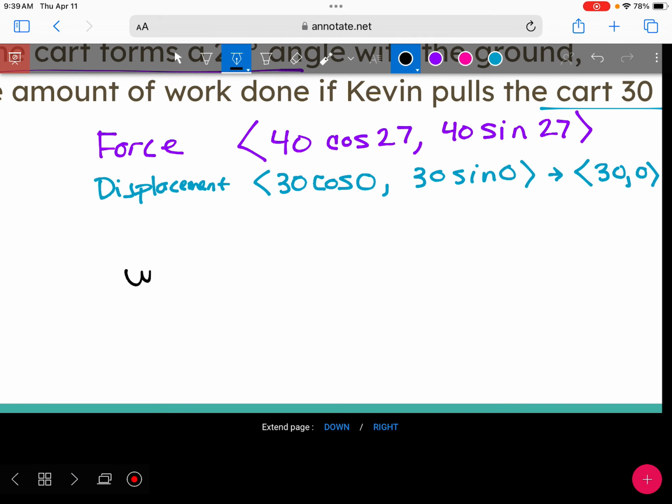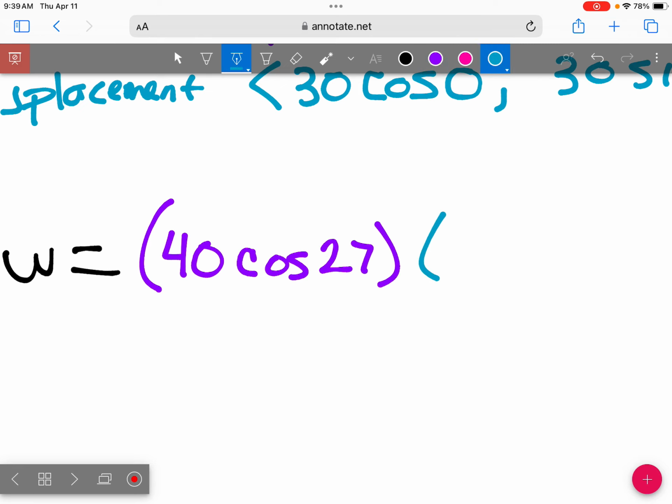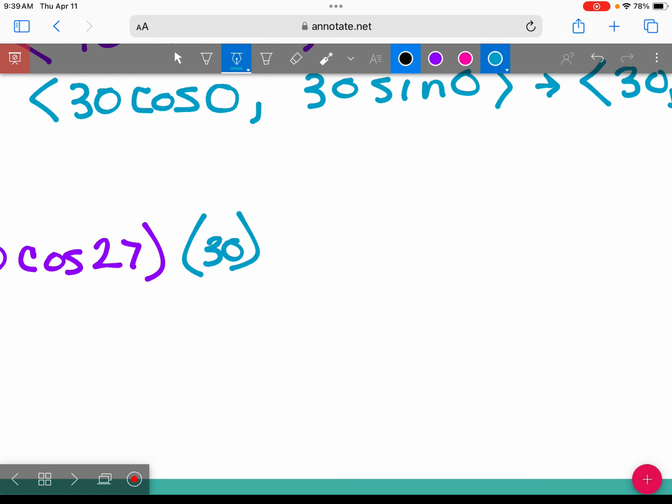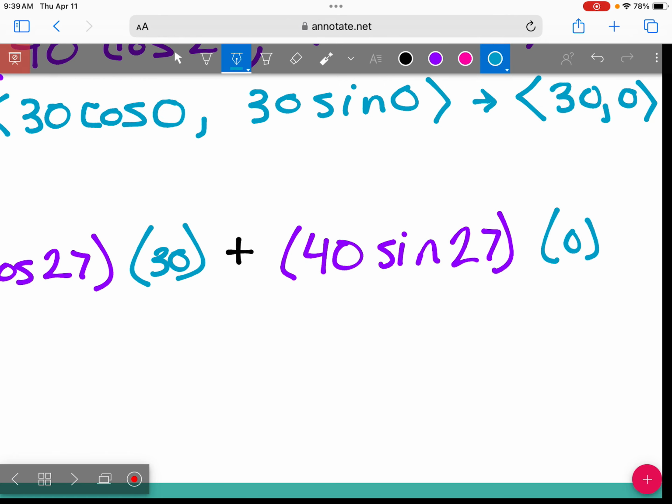So our work we get from the dot product. 40 cosine of 27 times 30, plus 40 sine of 27 times 0.